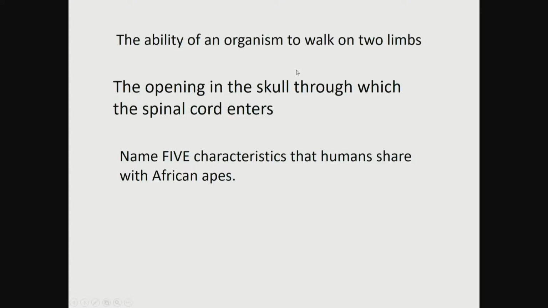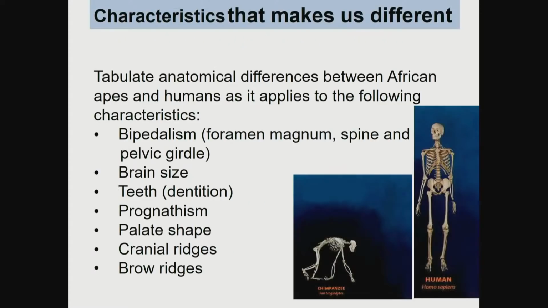The ability of an organism to walk on two limbs is called bipedalism. The opening in the skull through which the spinal cord enters is also the foramen magnum, but I will come to that one when I explain the differences between African apes and humans. So in this case we must emphasize the differences of the foramen magnum, the spine and the pelvic girdle. But these differences are on bipedalism.